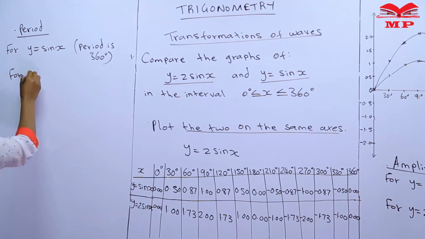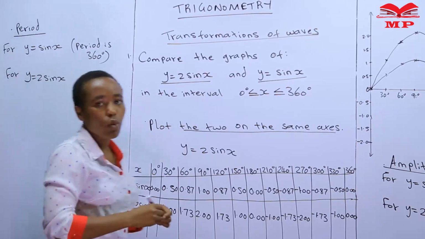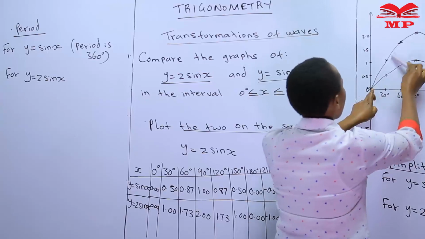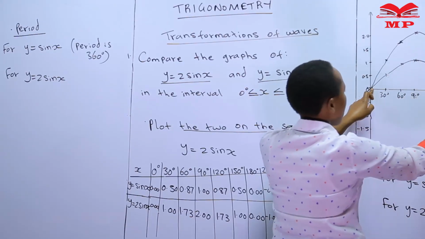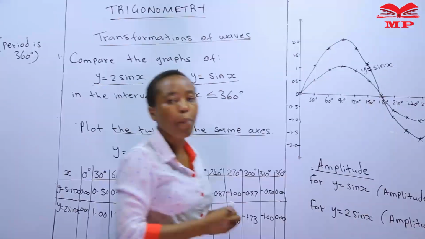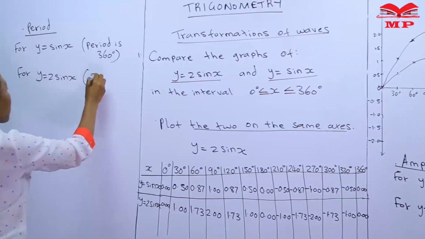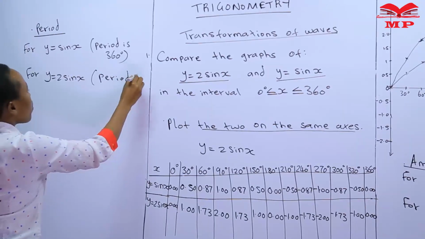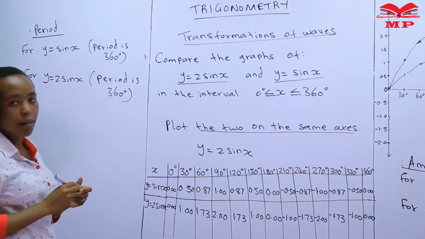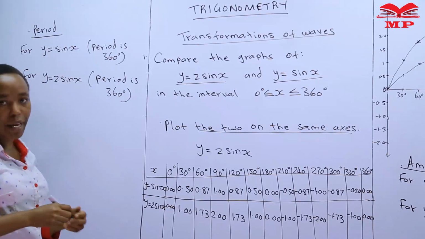Then for y is equal to 2 sine x, again we consider the period. This is a half of an oscillation, then we have the other one. So again, the period for y is equal to 2 sine x is 360 degrees. So we've compared the amplitude, and we've also compared the period.